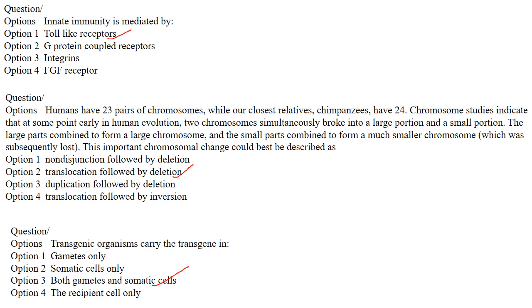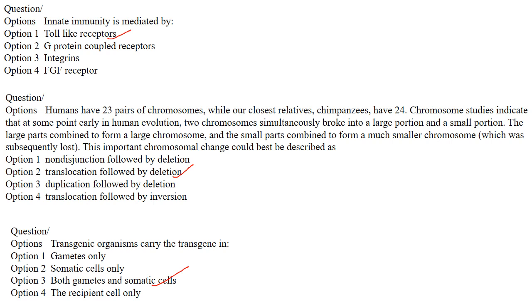Then humans have 23 pairs of chromosomes, while our closest relatives, chimpanzees, have 24. Chromosome studies indicate that at some point early in human evolution, two chromosomes simultaneously broke into a larger portion and a small portion. The large parts combined to form a large chromosome and the small parts combined to form a smaller chromosome, which was subsequently lost.